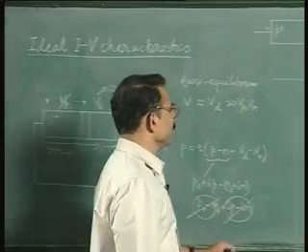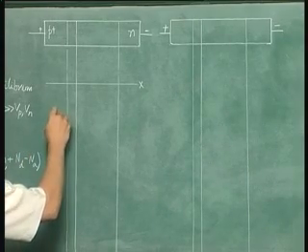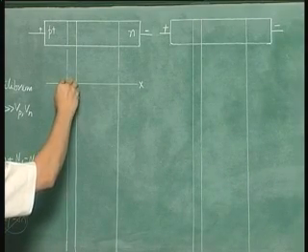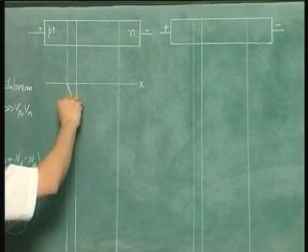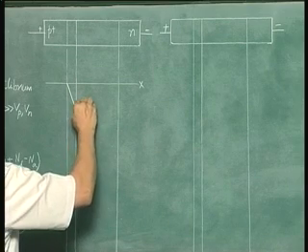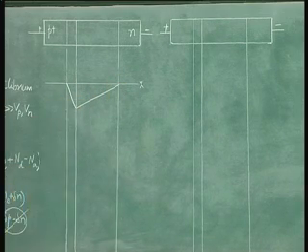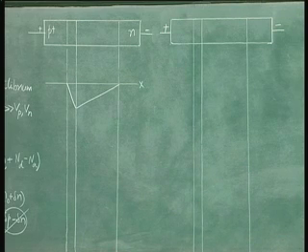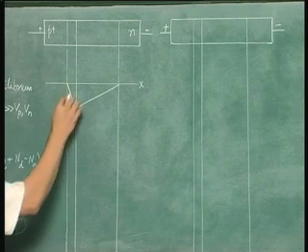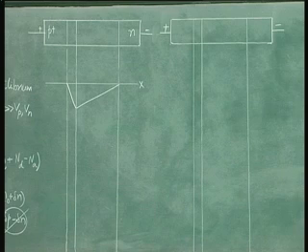So based on the depletion approximation, if you plot the electric field picture, then it can be drawn as follows. So you draw two linear segments. Now what is the width of the space charge region?